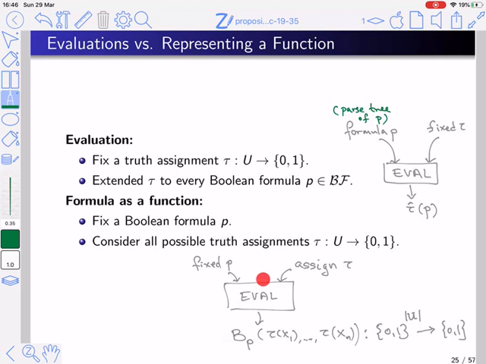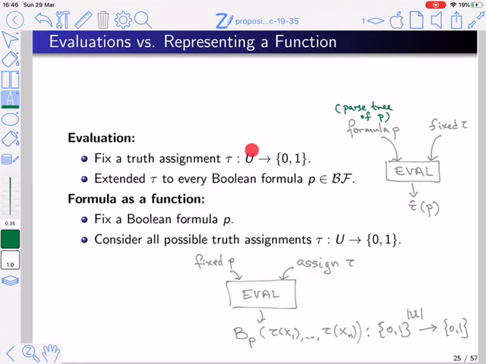On the other hand, what we could do is fix the formula and let the assignment vary, in which case what we're actually doing is computing a Boolean function denoted by b of pi over the bits tau of x1 up to tau of xn, assuming that our set of variables is x1 up to xn.